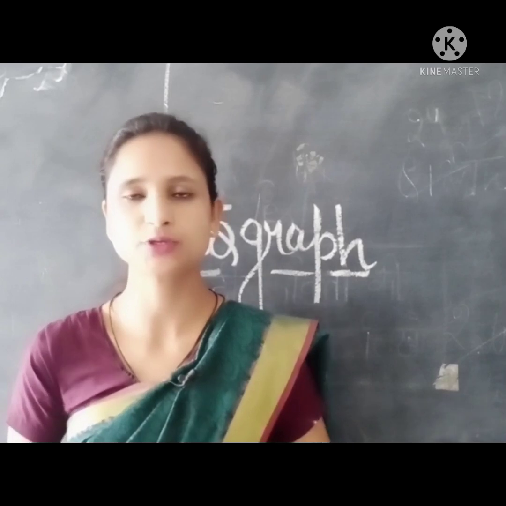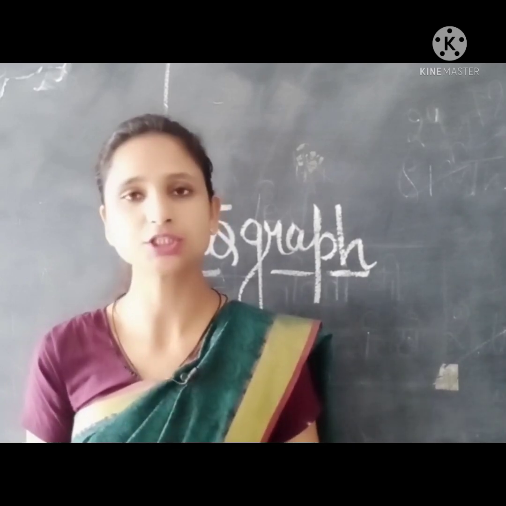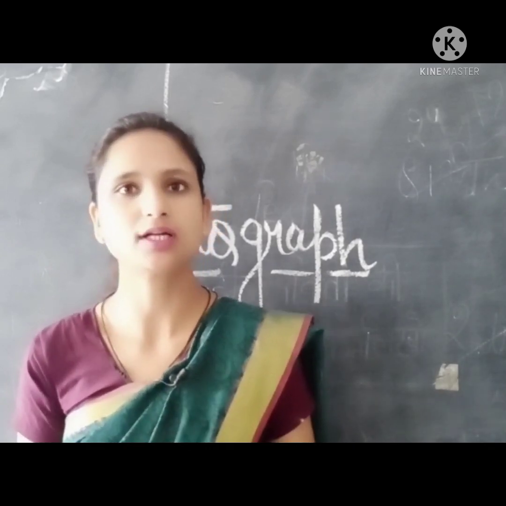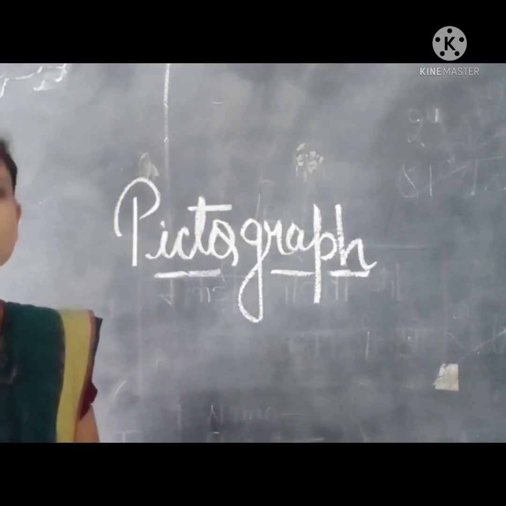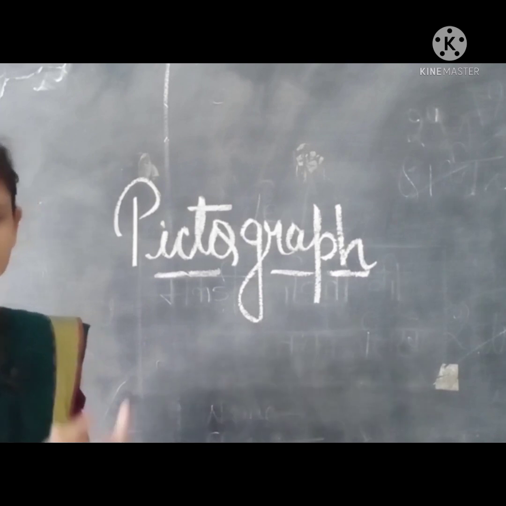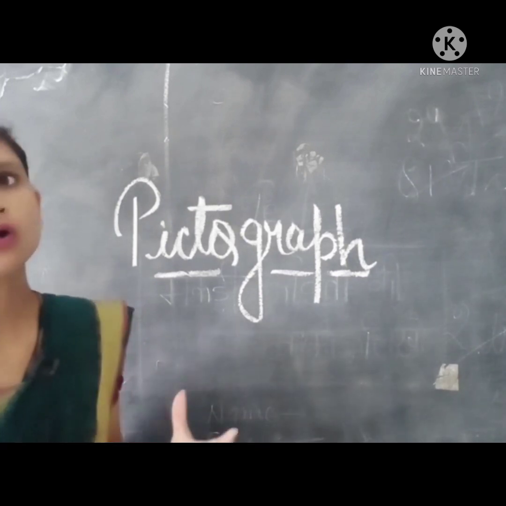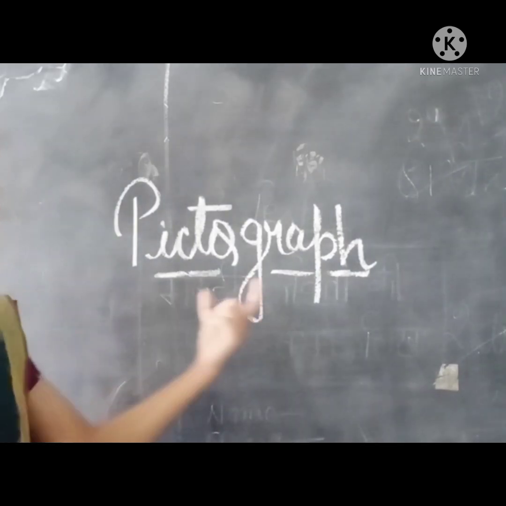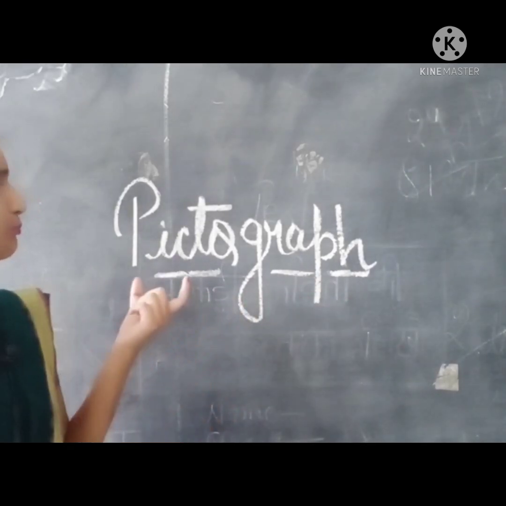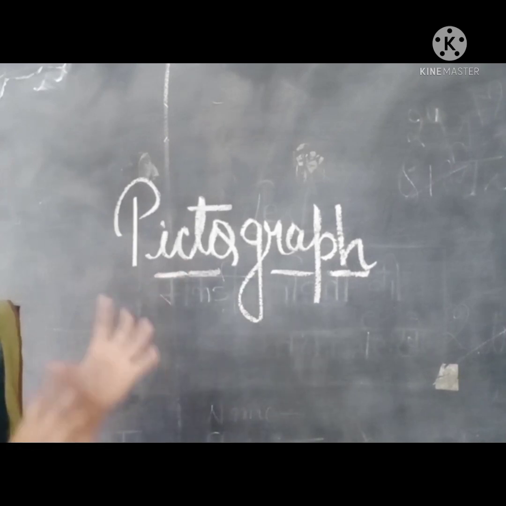So dear children, the first method to represent our data is through pictograph. What is pictograph? When we represent a given amount of data or any numerical data through pictures, that is called pictograph. Picto or pic means photographs.